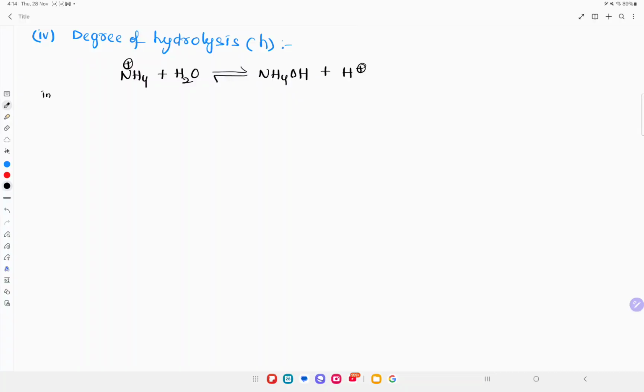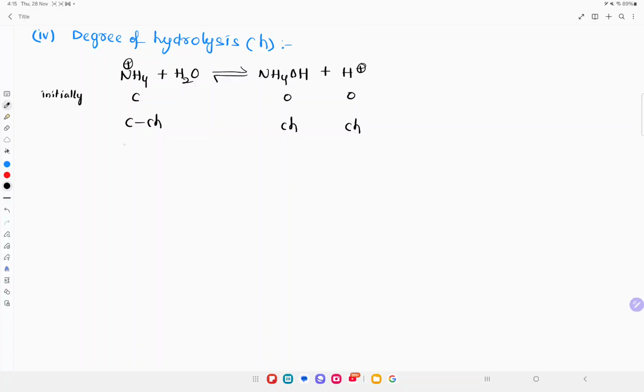Initially, concentration of ammonium is C, concentration of ammonium hydroxide is 0 and concentration of H plus ion is 0. Okay, next after some time, from C, Ch is consumed, then it forms Ch of ammonium hydroxide and Ch of H plus ion.